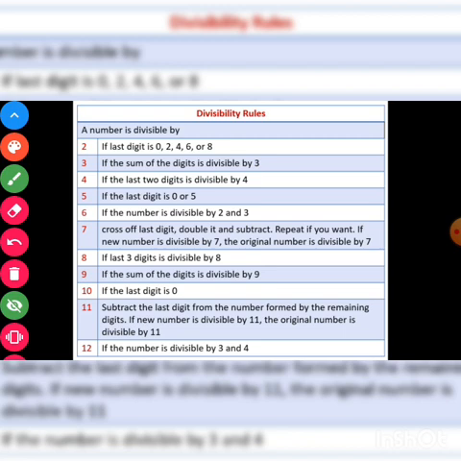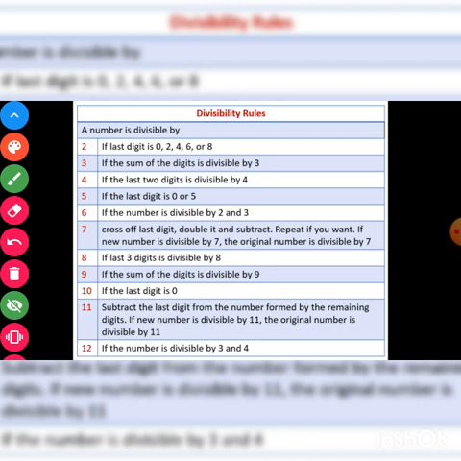But in this case we have to check only one thing, that the sum of the digits should be completely divisible by 9. You should not say that it is divisible by 3, so it will be divisible by 9 also. The sum should be completely divisible by 9. Then only we say that the number is divisible by 9.